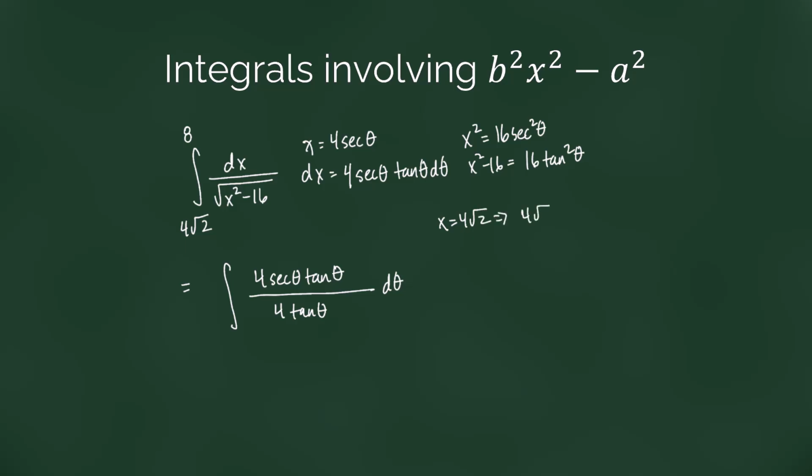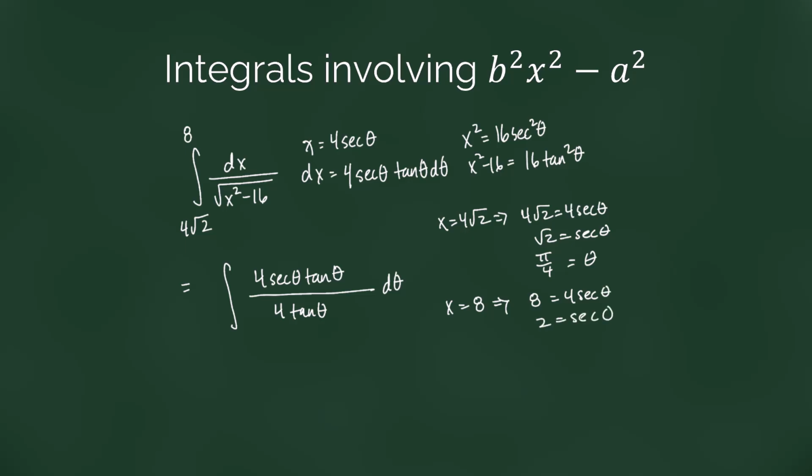If x is equal to 4 root 2, then that tells us that 4 root 2 is equal to 4 times the secant of theta. That gives us the square root of 2 equals the secant of theta, which means that theta must be equal to pi over 4. If we let x be 8, then we know that 8 is equal to 4 secant theta.